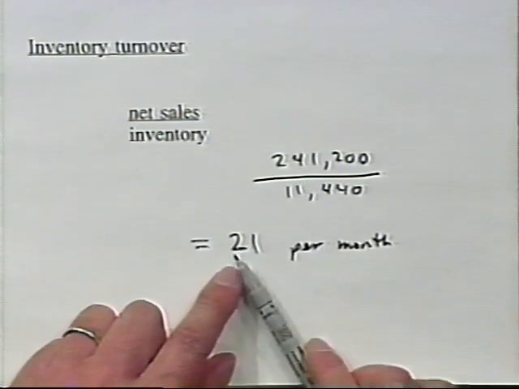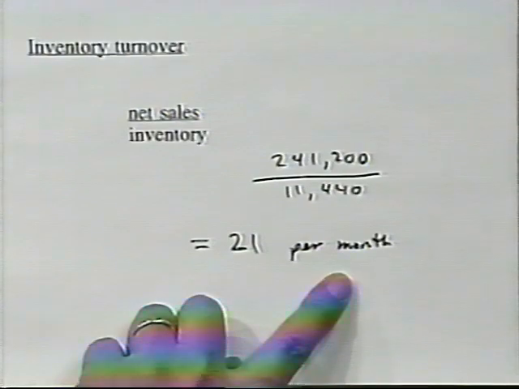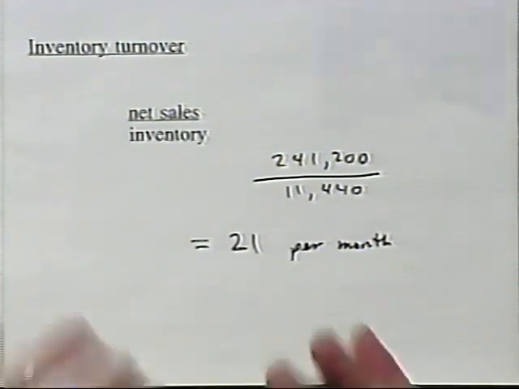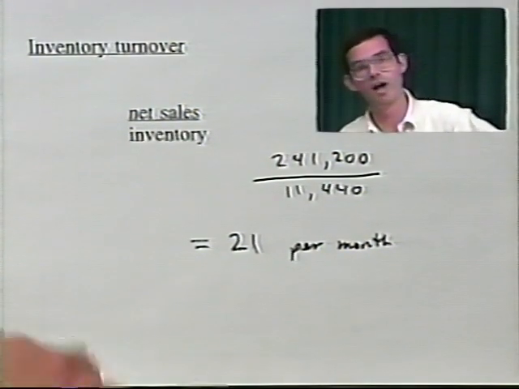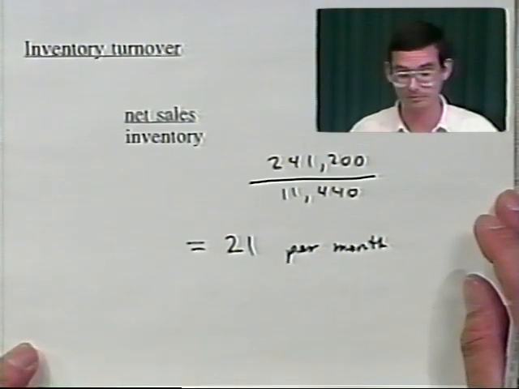So the inventory turnover is 21 times per month the inventory turns over. So we have a certain amount of inventory in the company. We have a certain amount of sales. We must have sold that much inventory 21 times this month to make that many sales.